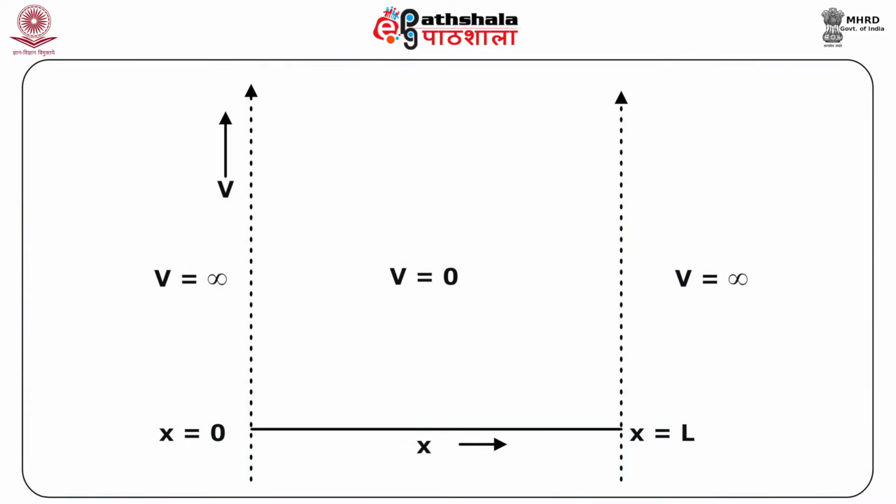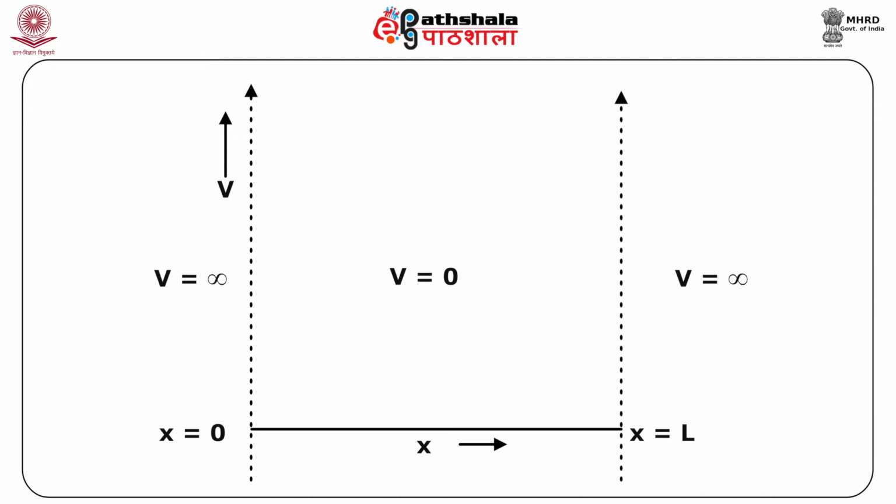Now, how to start it? First of all, we will define our model. We are assuming that the particle is of mass m and it is moving in a one-dimensional box, and that dimension is along the x direction.